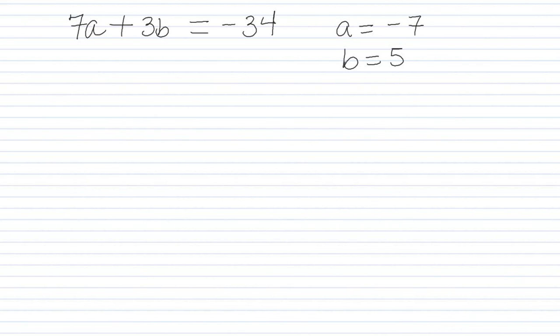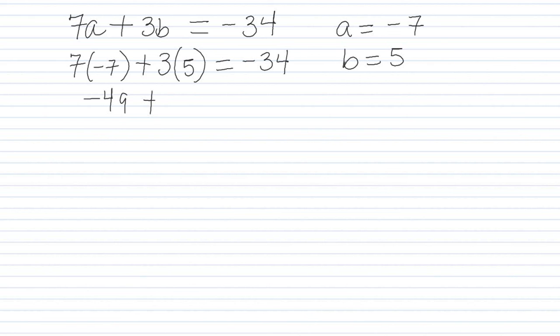So that would be 7 times negative 7, and we want to make sure what is on the left hand side equals what is on the right hand side, plus 3 times 5. So 7 times negative 7, that's negative 49, plus 3 times 5, 15, equals negative 34. So negative 49 plus 15 is actually negative 34, equals negative 34. You can see that the first check is correct.